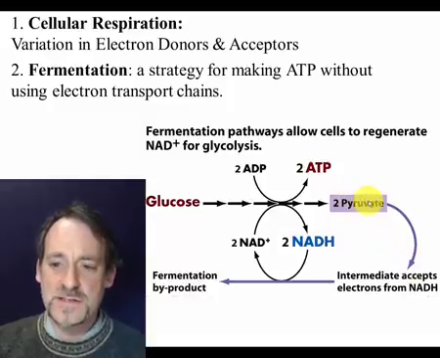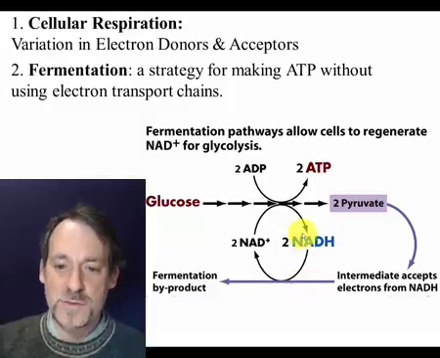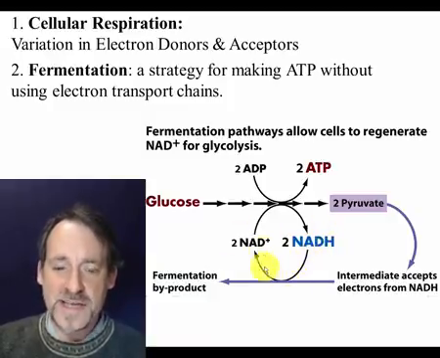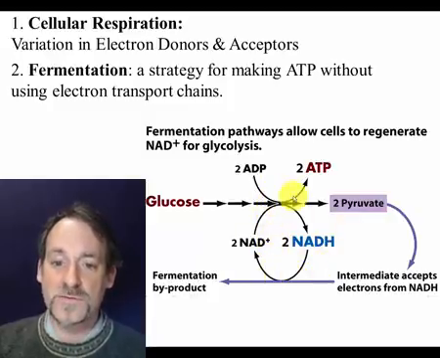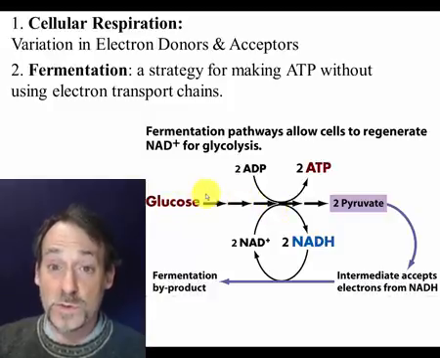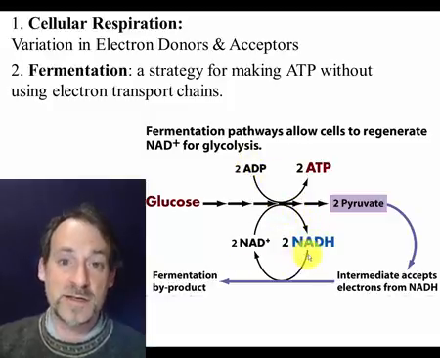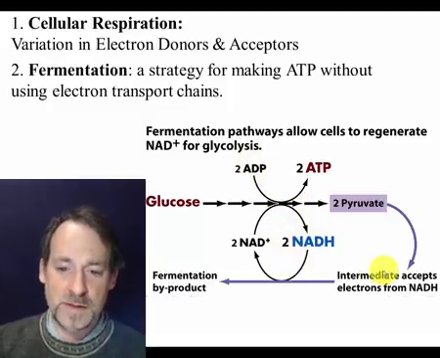And then that intermediate, whatever it is, accepts the electrons that were generated by NADH here, or whatever electron carrier you've got here. That recycles this electron carrier so that it can accept electrons from the breakdown of this fuel once more. And so you can keep on generating ATP as long as you can regenerate this electron carrier.